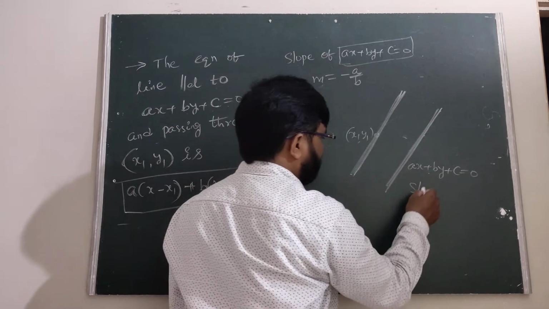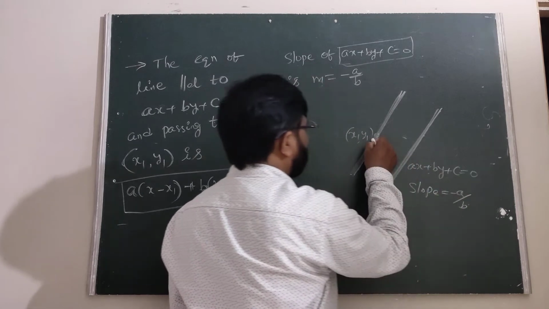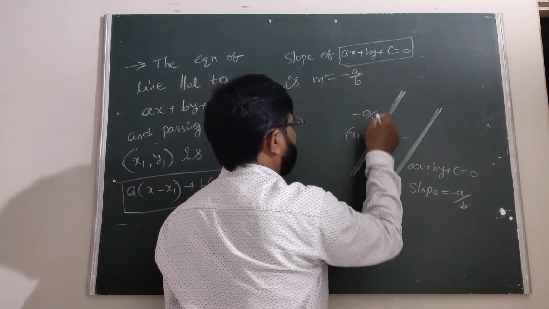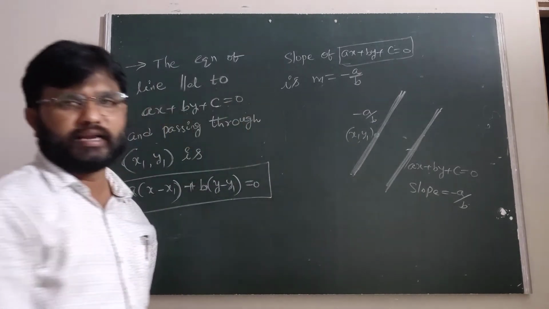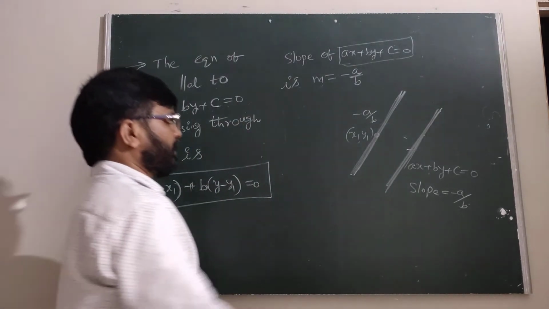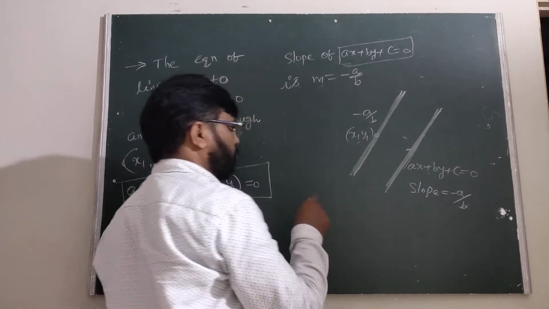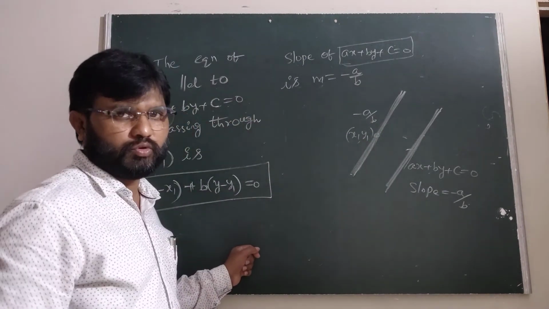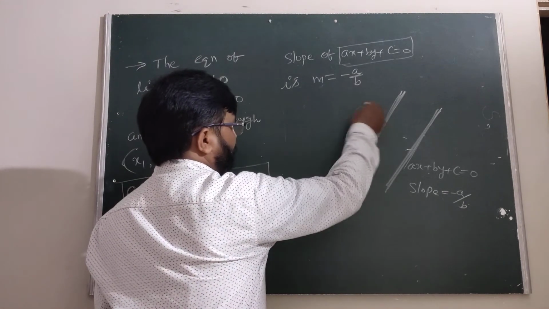Now here the required line is parallel to the given line. Therefore the slope of the required line is also minus a by b.